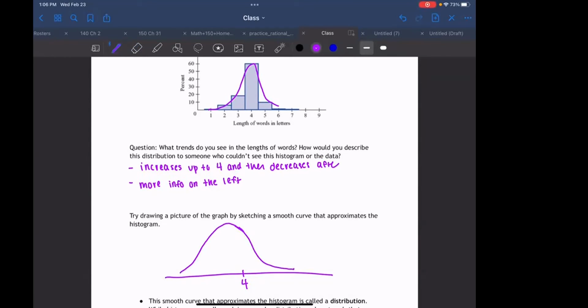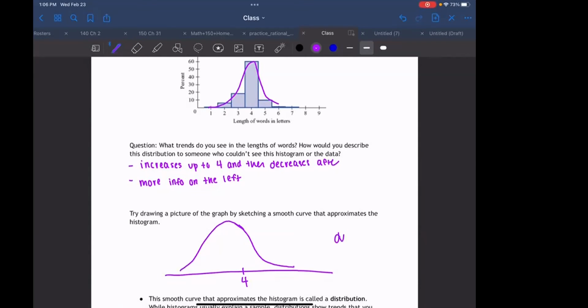So sometimes when we want to describe a distribution, but we don't actually want to create the histogram, we like to draw something called a distribution. So this is called a distribution. And it's a way to approximate a histogram without actually drawing it. So there's less detail, but you can still describe the graph to someone if they're wondering.